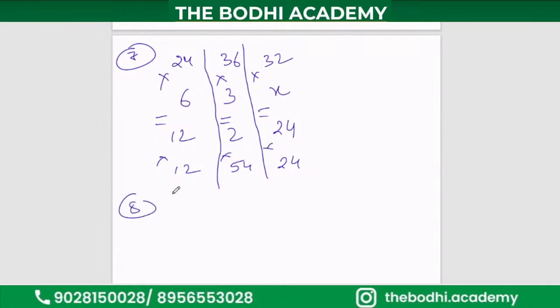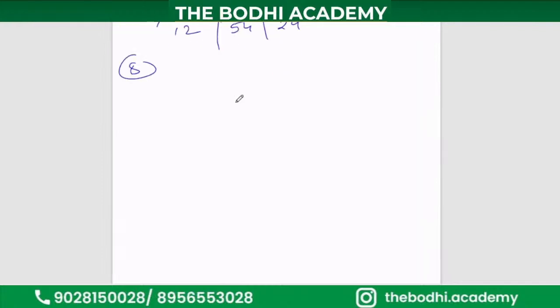Question number 8 we will see. 69, 53, 92, 82, 43, x, 16, 65, 75, 99, 4 and 36.